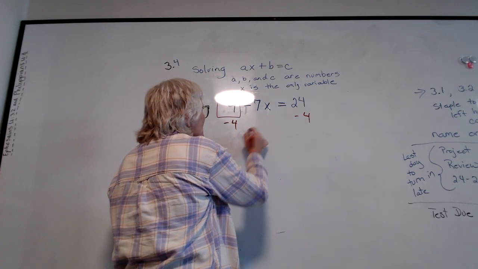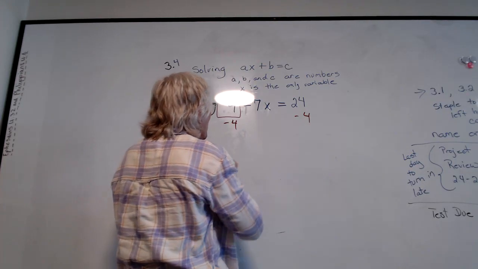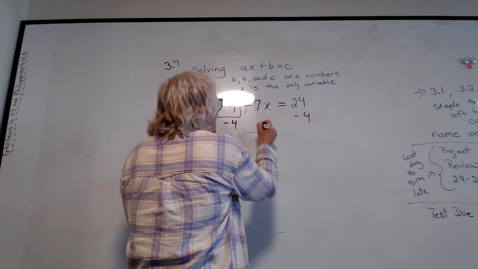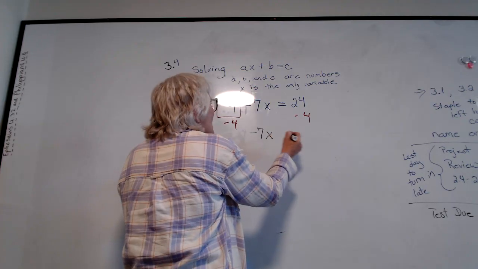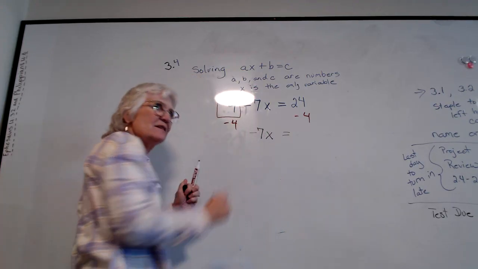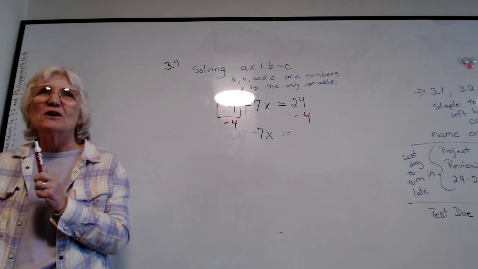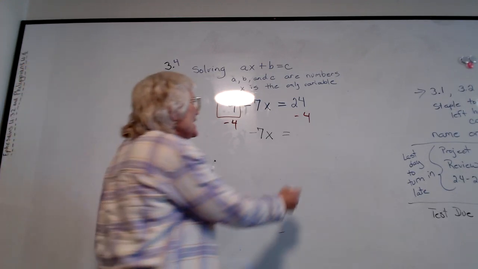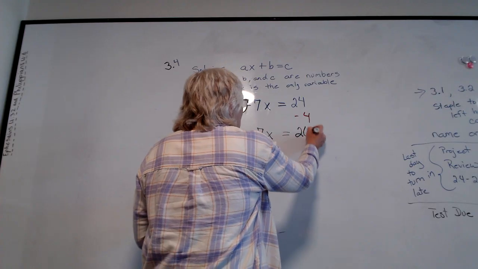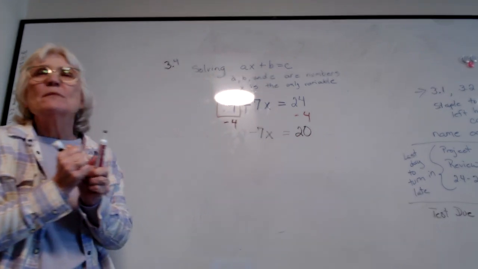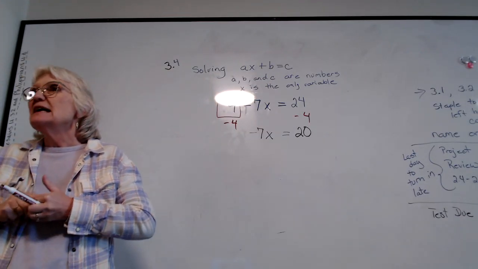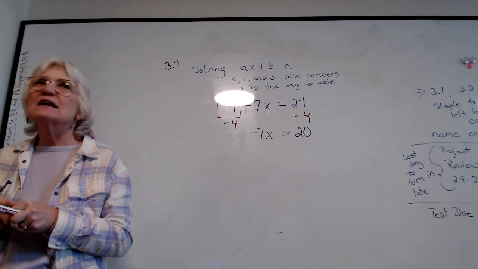And what I have left is -7x. Do not lose that -7. Do not lose the minus sign when you're doing this. Okay, it goes along with it. Okay, equals 20. Okay. Now, my next goal is to get the number in front of x as a 1.